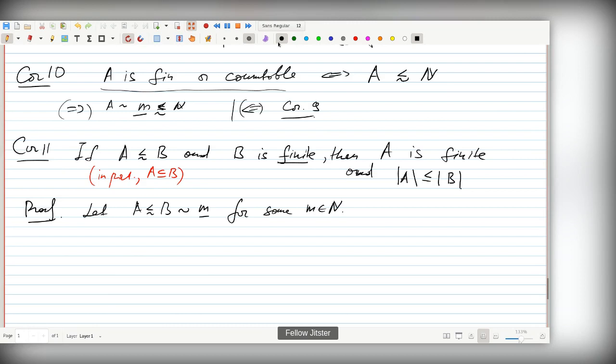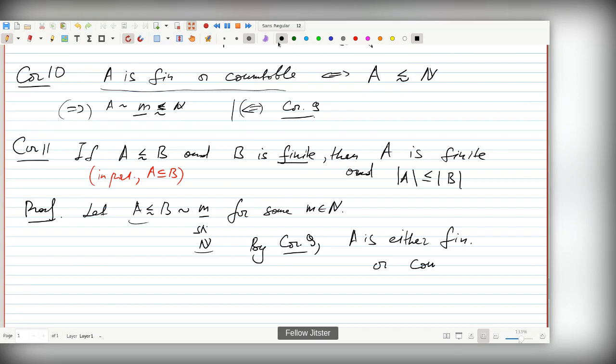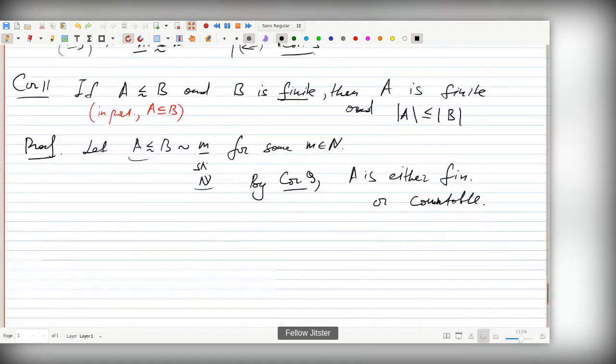So clearly M is embeddable into n underlined. So A is embeddable into a countable set. So by corollary 9, A is either finite or countable. May it be countable? No, it may not.